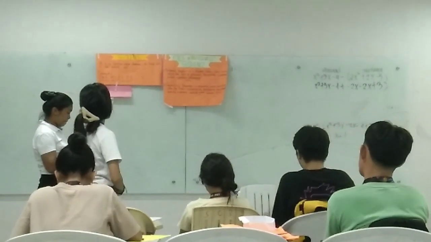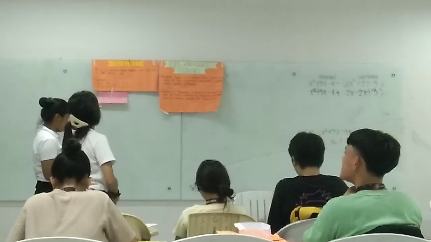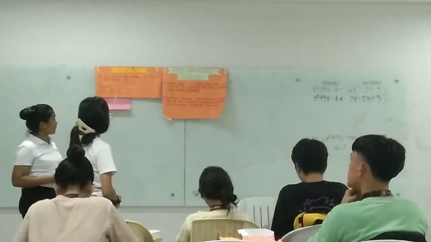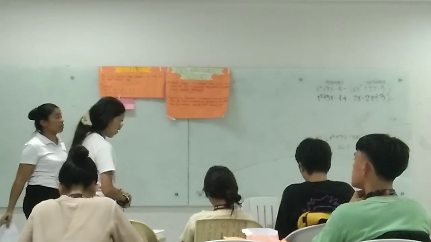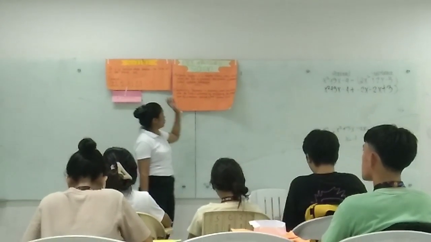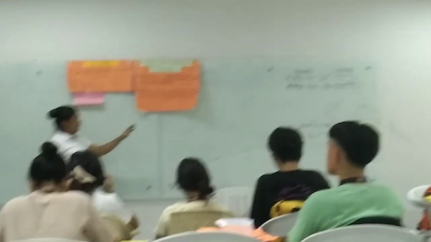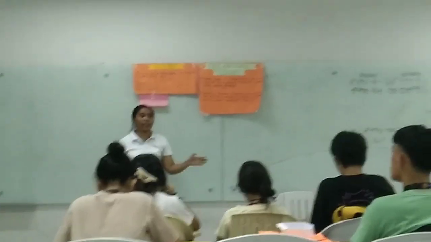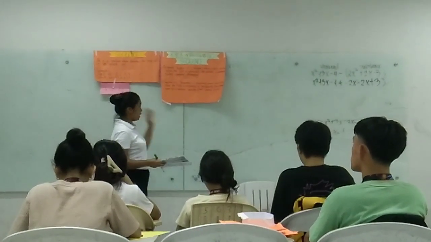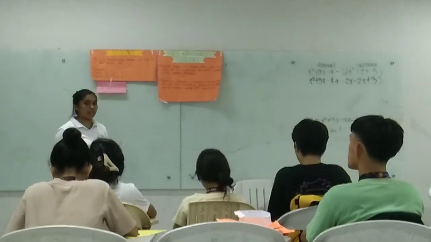Geometric sequence: a sequence where each term after the first is obtained by multiplying the preceding term by a non-zero constant called the common ratio. So a geometric sequence is also a kind of sequence which is obtained by multiplying. So arithmetic and geometric have a difference, right? Yes.